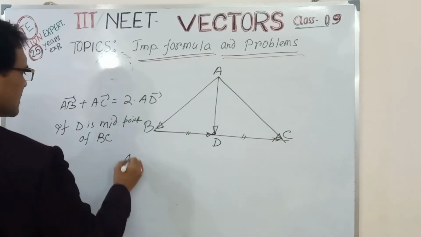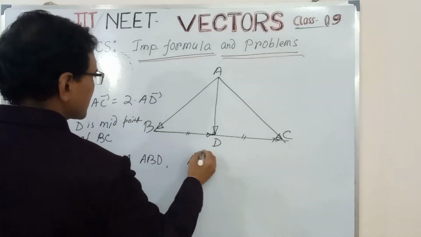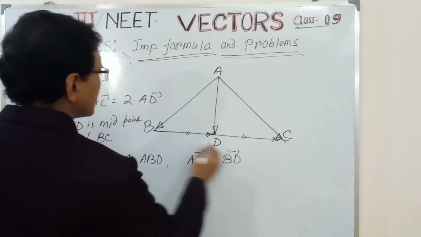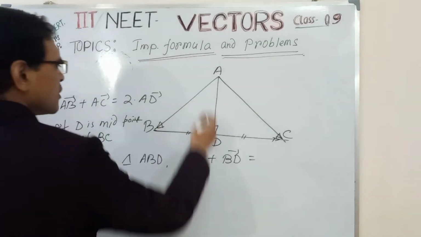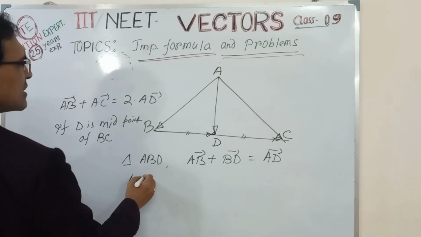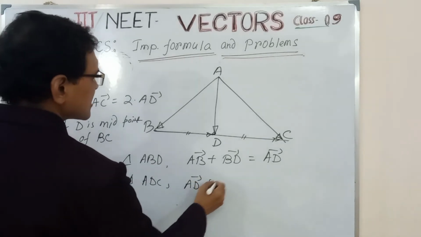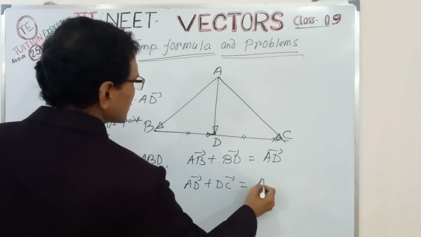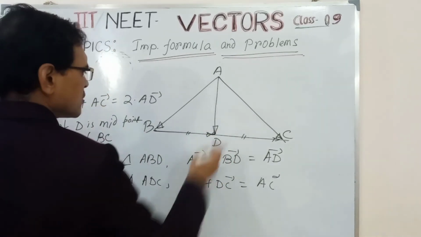Now from the triangle ABD, we get AB plus BD. AB and BD are in the same order, AD in opposite order. So this equal to this, and from triangle ADC, AD plus DC equal to AC, because AD and DC are in the same order and AC in opposite order.